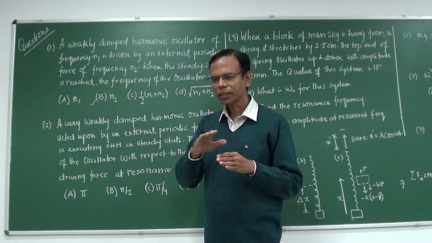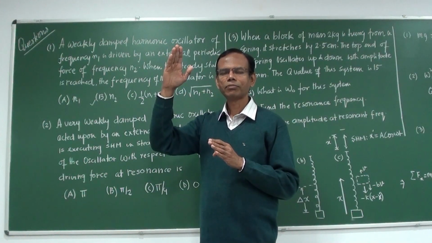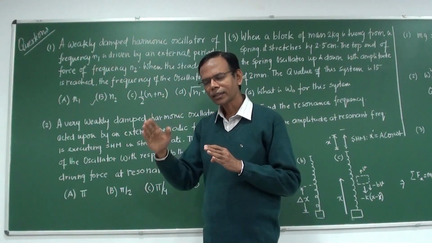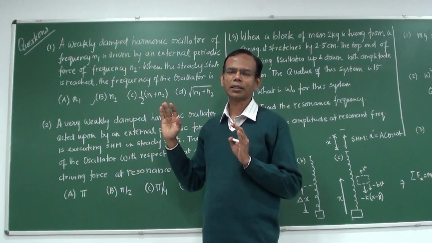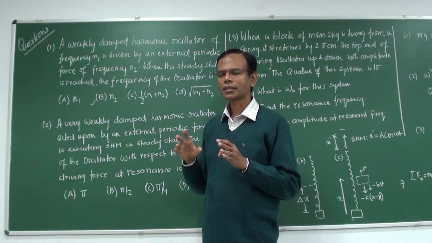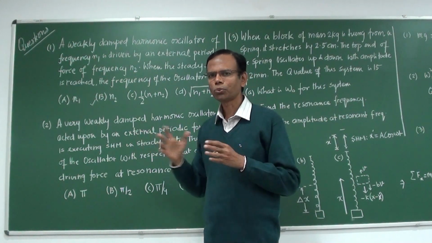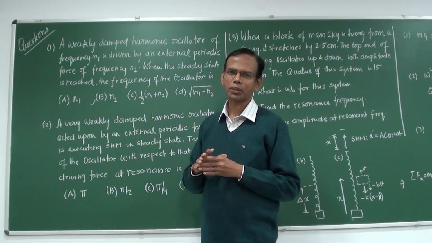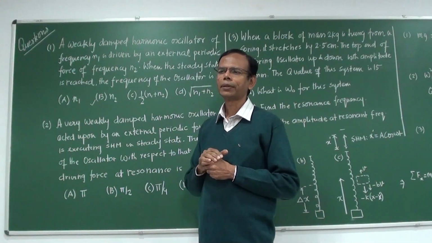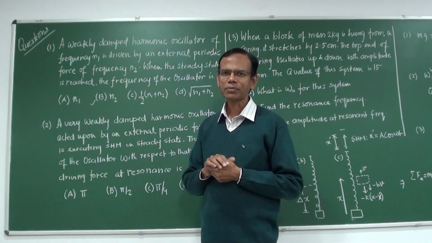Amplitude, initially it is low for low omega d, then it rises up, it goes very high at the time of resonance, and then slowly it will decrease with higher omega d. And the third thing is the phase. The phase tells us about the time lag between the force and the displacement. That we have already discussed. So these are the three important quantities that we have studied.